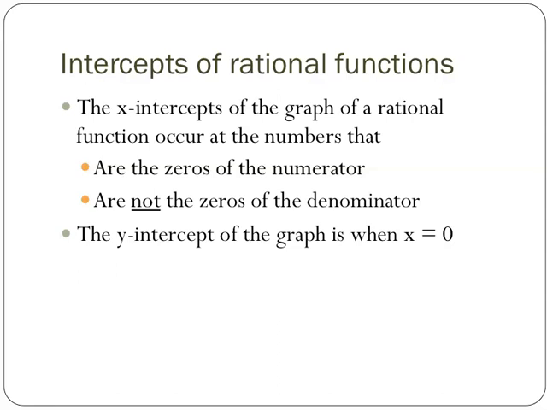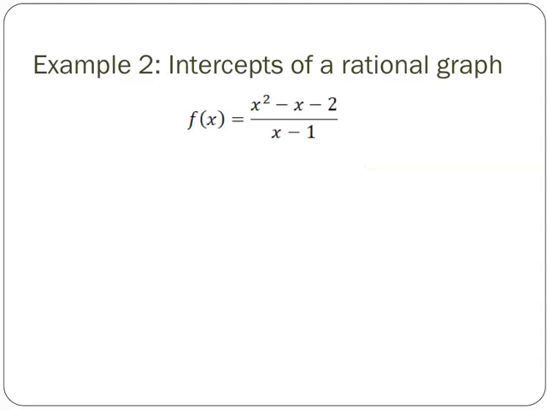Let's do some examples with intercepts. F of x equals x squared minus x minus 2 all over x minus 1. So to find intercepts, you want to see what makes the numerator equal to 0. So take x squared minus x minus 2, set it equal to 0. And we try to factor this if we can.